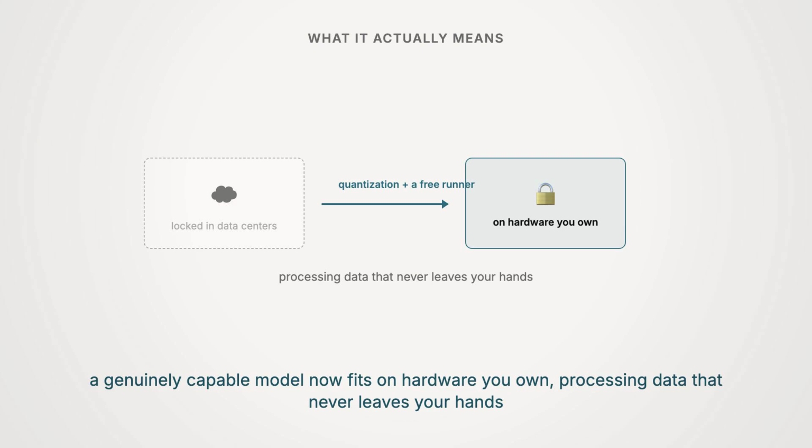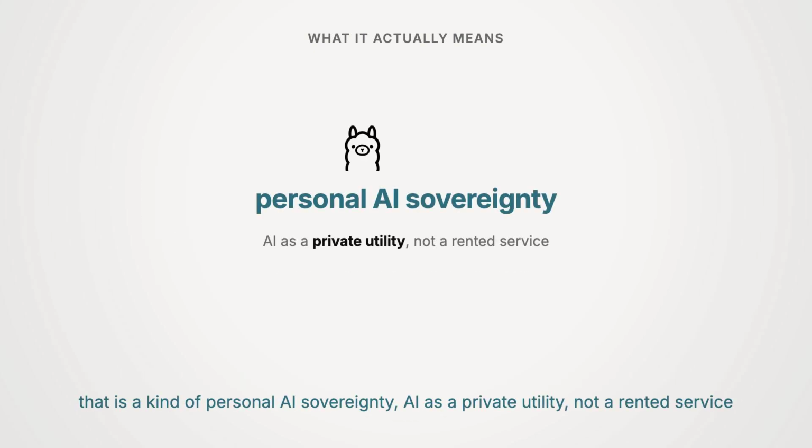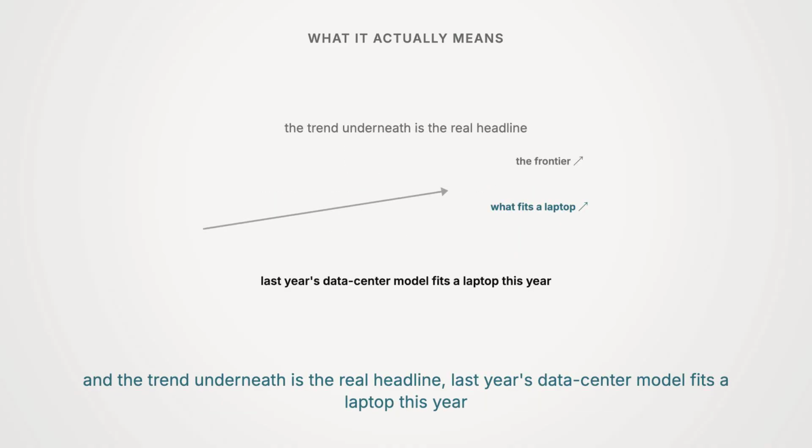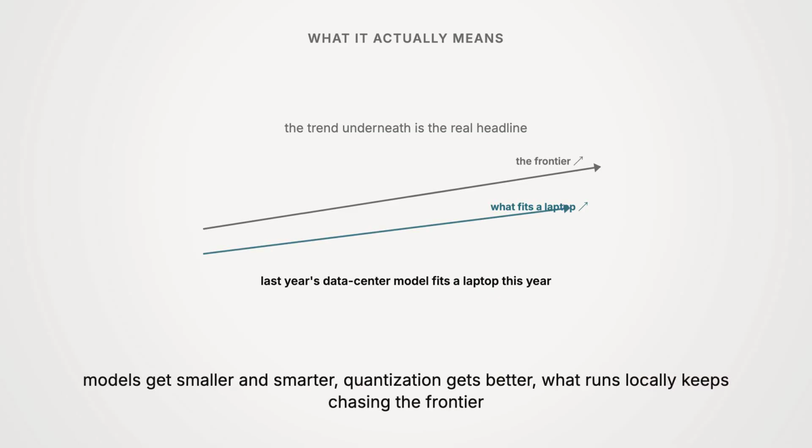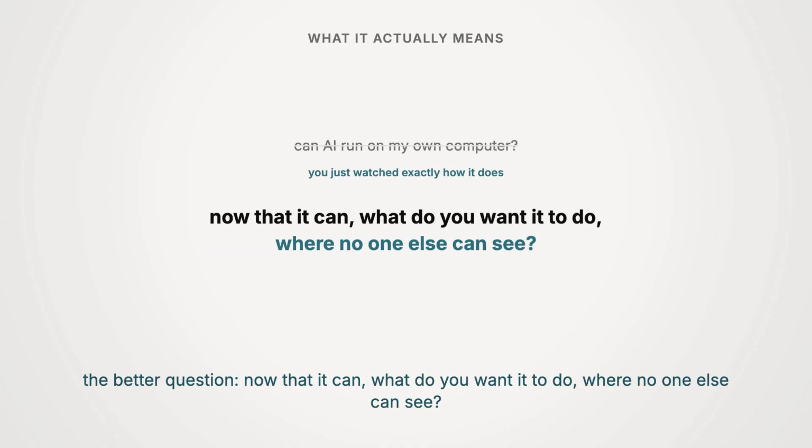That is a kind of personal AI sovereignty, AI as a private utility instead of a rented service. And the trend underneath is the real headline. Every year, the model that needed a data center last year fits on a laptop this year. Models get smaller and smarter, quantization gets better, and the line of what runs locally keeps chasing the frontier, even as the frontier keeps moving up.